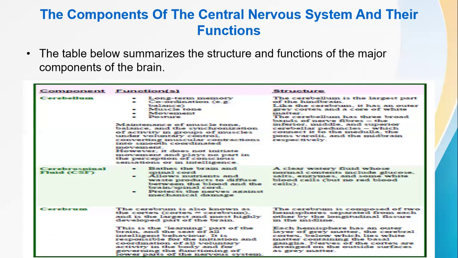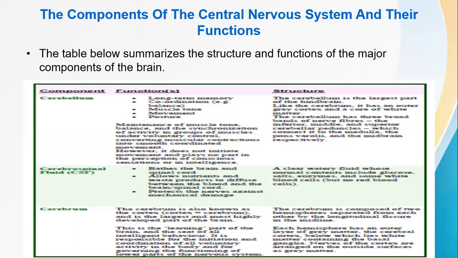Moving on, the third component is the cerebrum. The cerebrum has the following functions. The cerebrum is also known as the cortex. So the cortex is equal to the cerebrum, and it is the largest and most highly developed part of the brain. This is the learning part of the brain, and the seat of intelligent behavior.